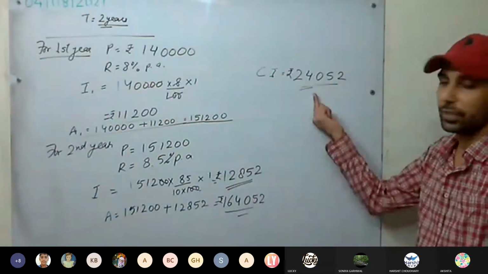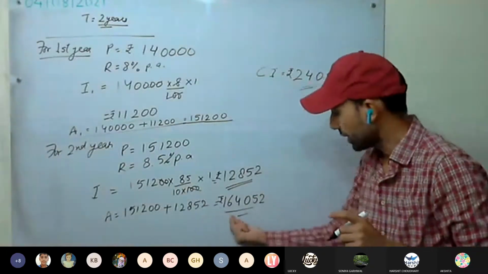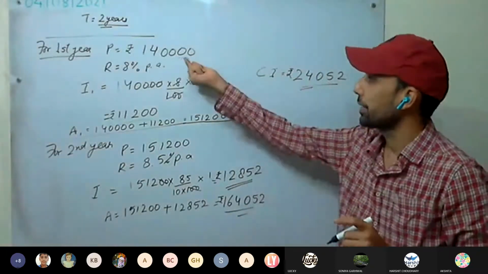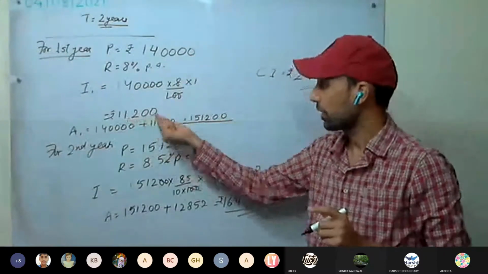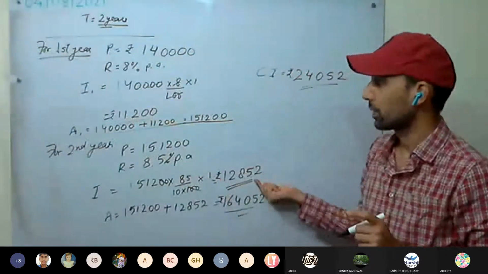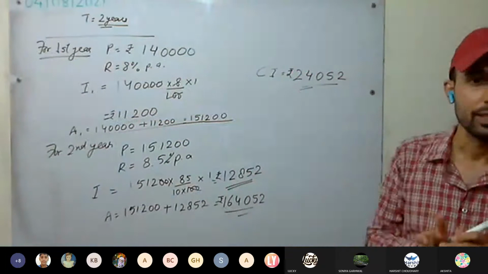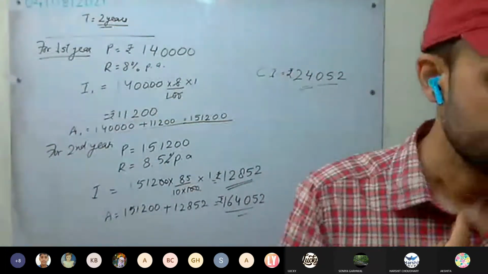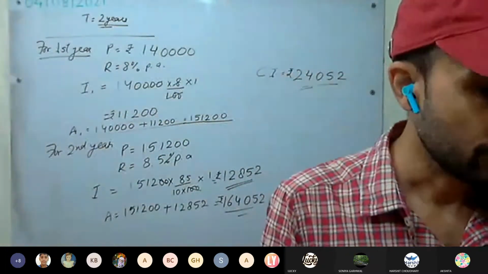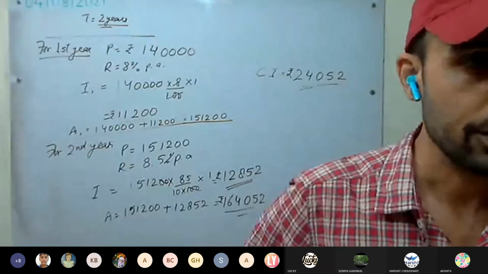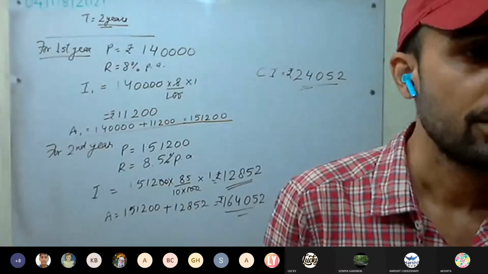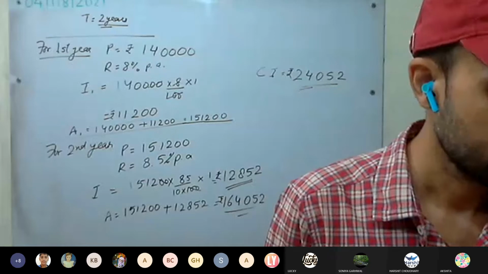This is the compound interest. Compound interest, how to calculate? This amount minus the principal, or the other way, interest I1 plus I2. You get the same answer. Is this clear? Okay, do the next one.